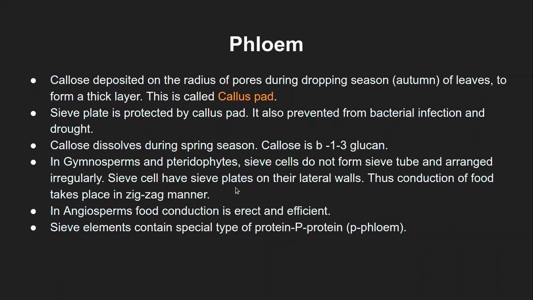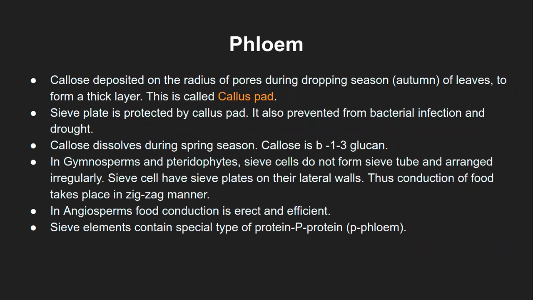Let's assume you have a lot of big spheres, like balls, kept filled in a certain structure, and those balls have perforations or holes on their walls. So that is how the sieve cell will have sieve plates on its lateral walls. The spherical wall has perforations, and through that the conduction of the water along with the food material happens in a zigzag manner.